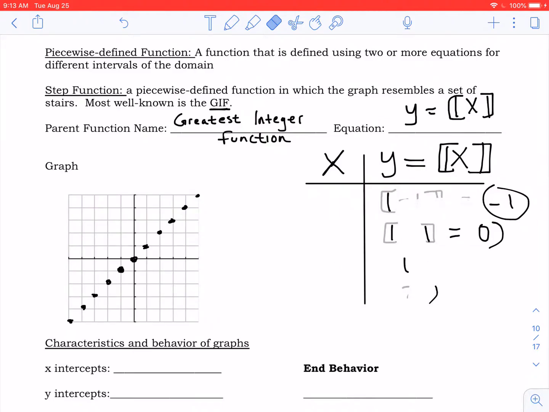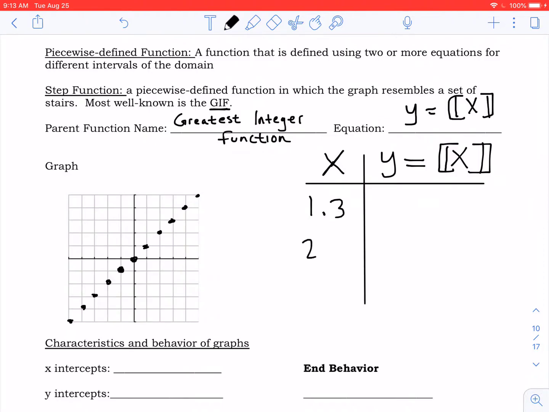So let's look at things that are not integers, like decimals or fractions. So what about like 1.3 or 2.8 or 3.999? What happens when you plug those numbers in? So when x is 1.3, what's y? What's double bracket 1.3?